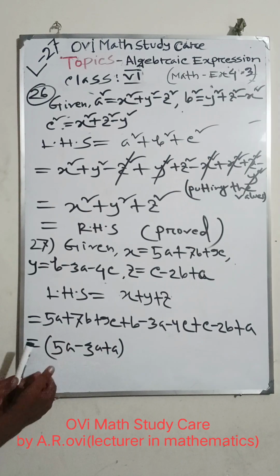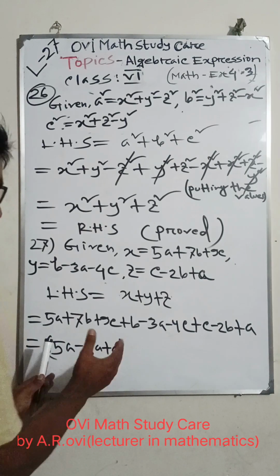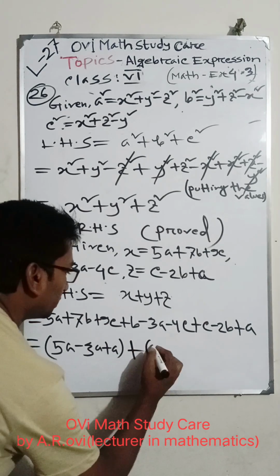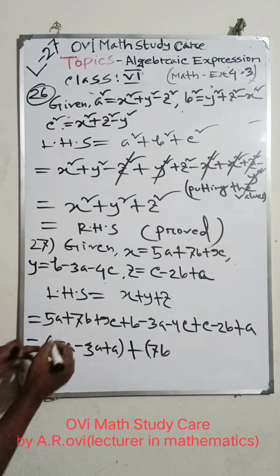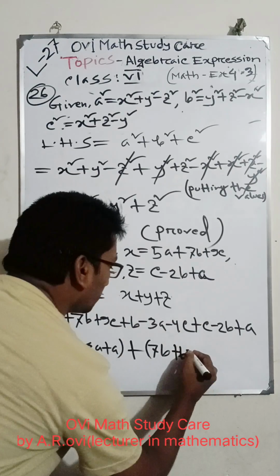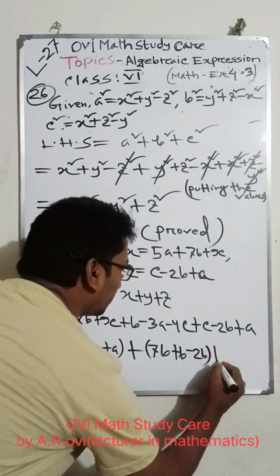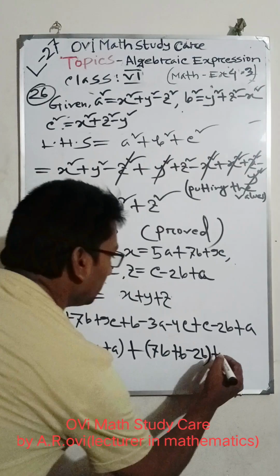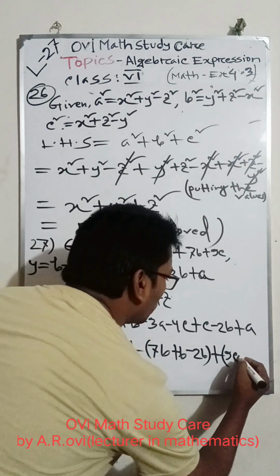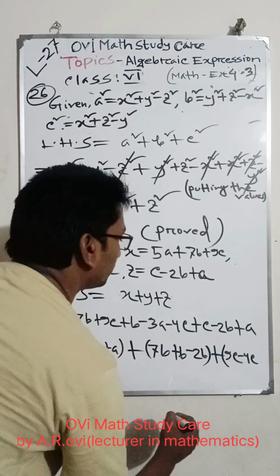You can write in a similar way the term of a in one box and the term of b in another box. So for b, 7b plus b minus twice b. In a similar way you can write for c, 9c minus 4c plus c.